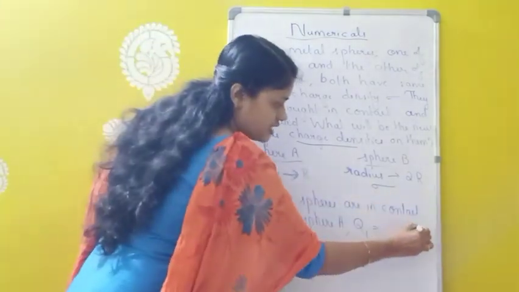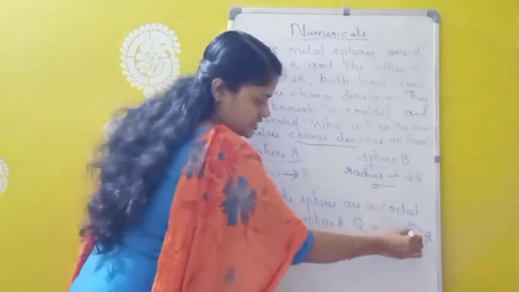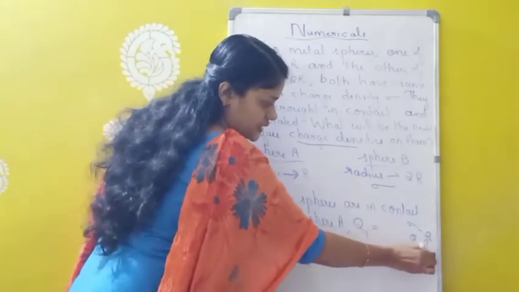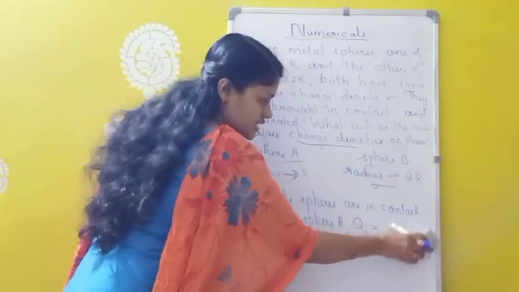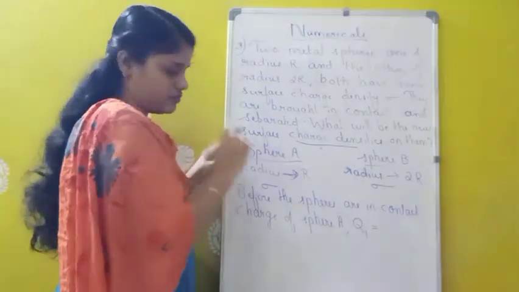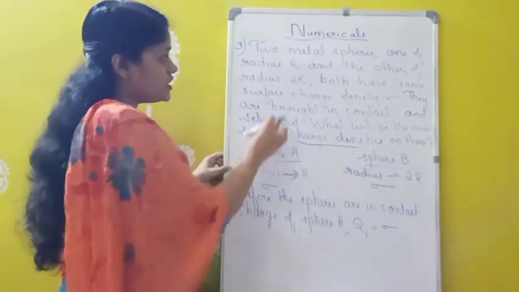We have sigma equals Q by A, charge by area. So Q equals sigma into A. Q1 is sigma into the area of the first sphere.